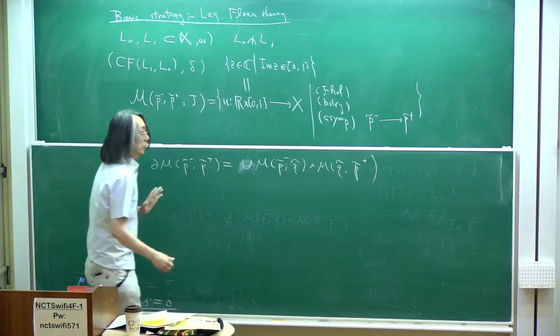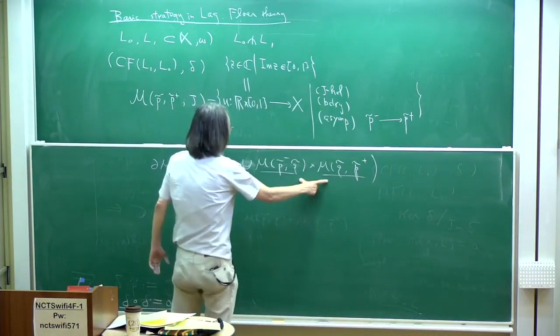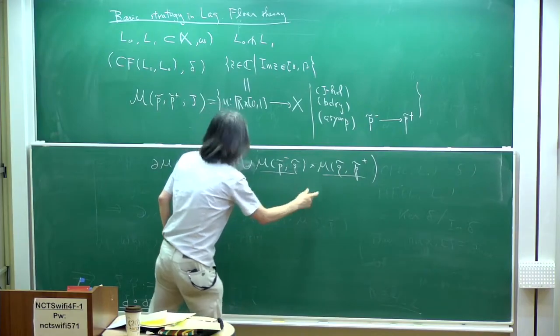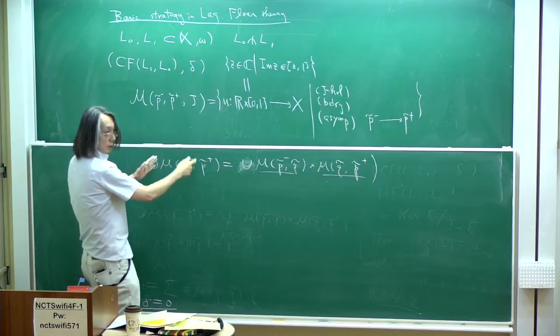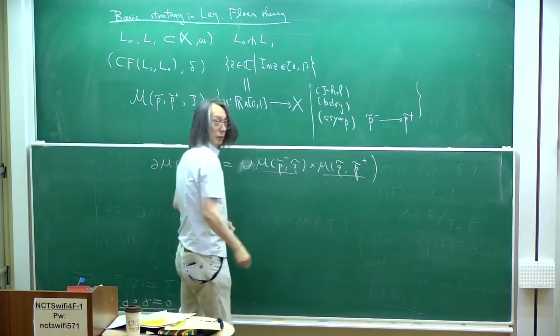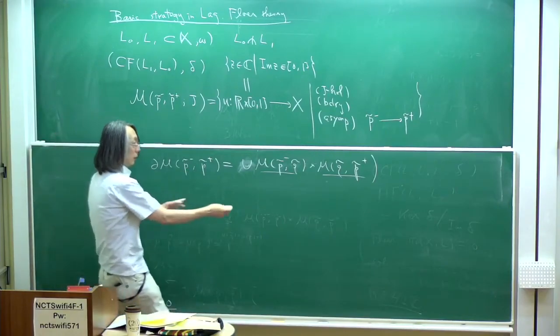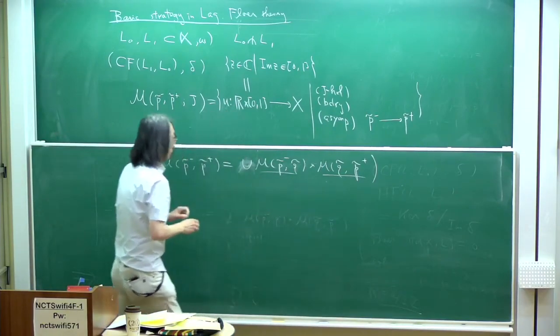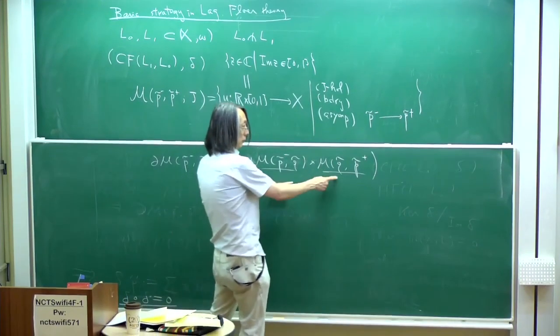The gluing theorem says the following. If you have a pair of solutions, then you can cook up a one-parameter family of solutions which converge to this pair, right? Because this is a one-dimensional moduli space, and this is an endpoint, it means that there is a path converging to this.